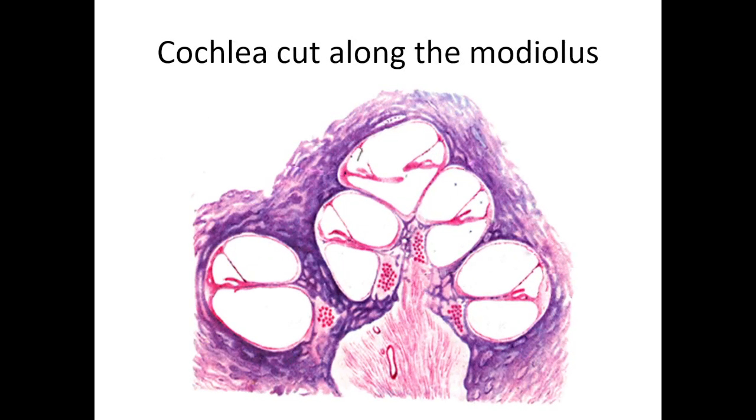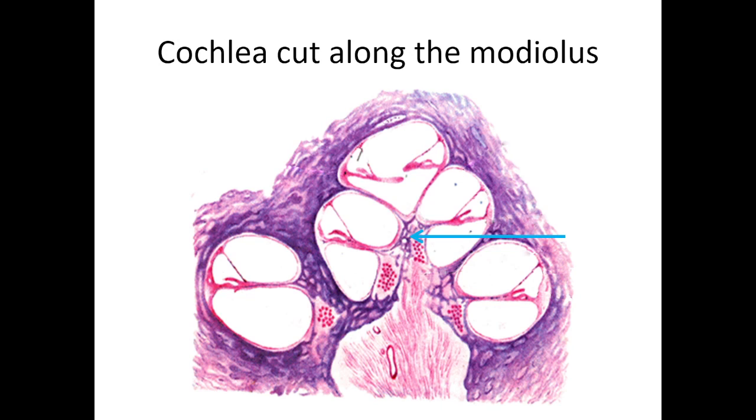And now the cochlea cut along the modiolus, a histological specimen. You can see that it was stained with a special histological stain, and that's why we can see the red color and violet color.